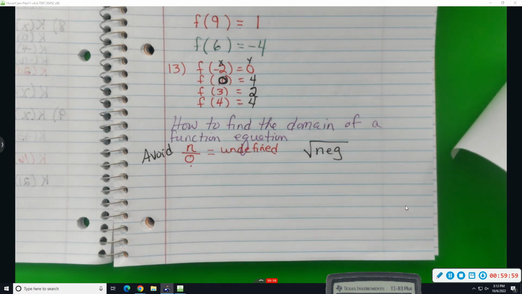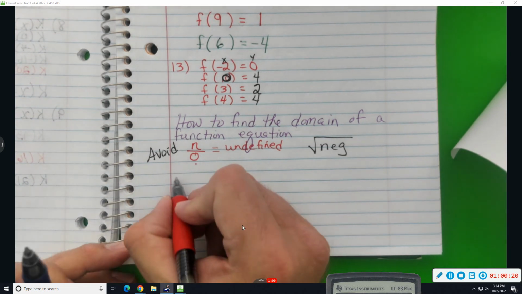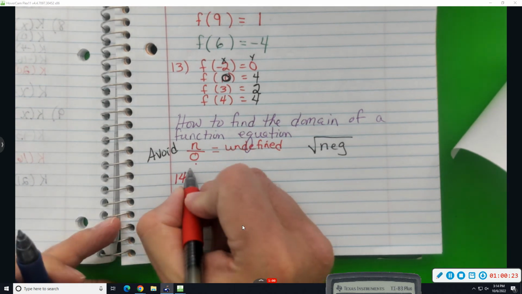Because at this point, we're only looking at real numbers, x and y. Why are we only looking at real numbers? When we talk about the x-axis and the y-axis, are there any imaginary numbers on the x-axis and y-axis? Well, no. So, problem number 14, two things you want to avoid.